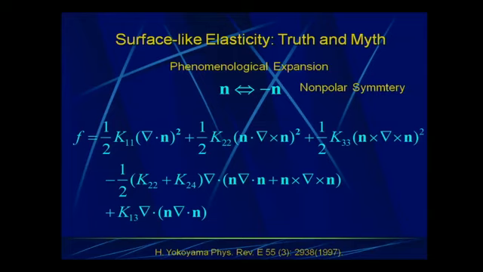K13 was first introduced through a phenomenological discussion. Frank, Oseen, those people came up with the K13, and some of them just discarded it, or some of them kept K13.